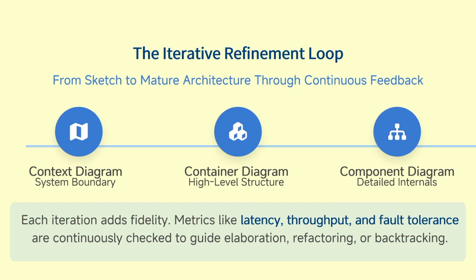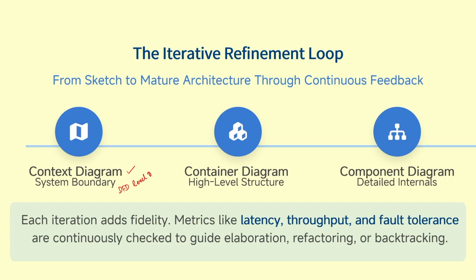So first is going to be the context diagram. If you remember, the level 0 DFD is called your context diagram. It gives you the system boundary.